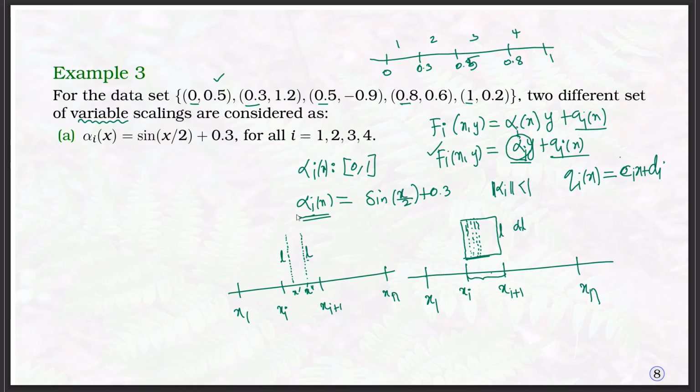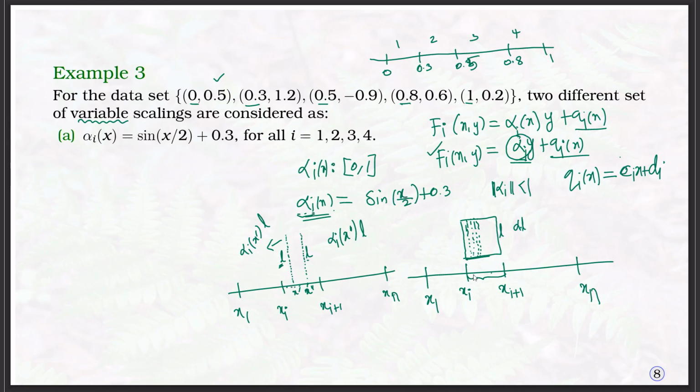Whereas if you apply the variable scaling, the line L at x dash will be reduced to alpha_i(x dash) times L, and the vertical line at x double dash will be reduced to alpha_i(x double dash) times L. So this is the difference between variable scaling and constant scaling. Whenever you choose variable scaling, the scaling factor alpha is decided based on the x values.